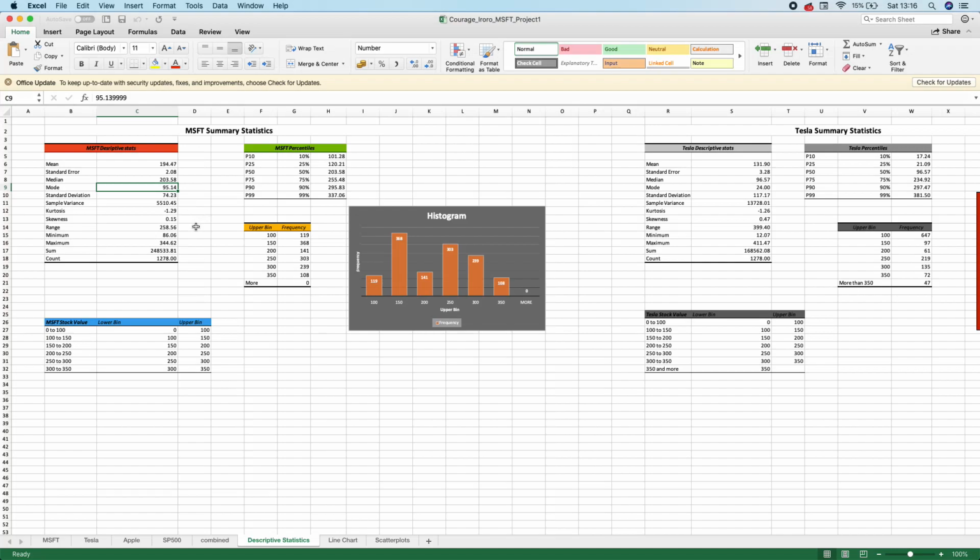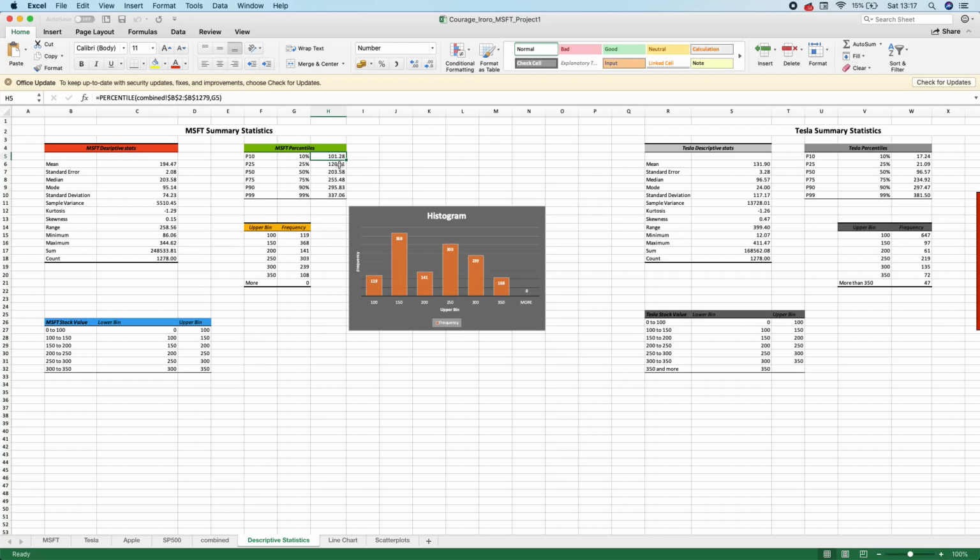And yeah, so moving on from there, we looked at the percentiles. So 10 percentile, 25 percentile, which can also be referred to as the first quarter, second quarter, third quarter, fourth quarter. And from there on, we can see that in the 10 percentile, we had a value of 101.28, which basically shows how high also the data points can be in the data set for Microsoft.